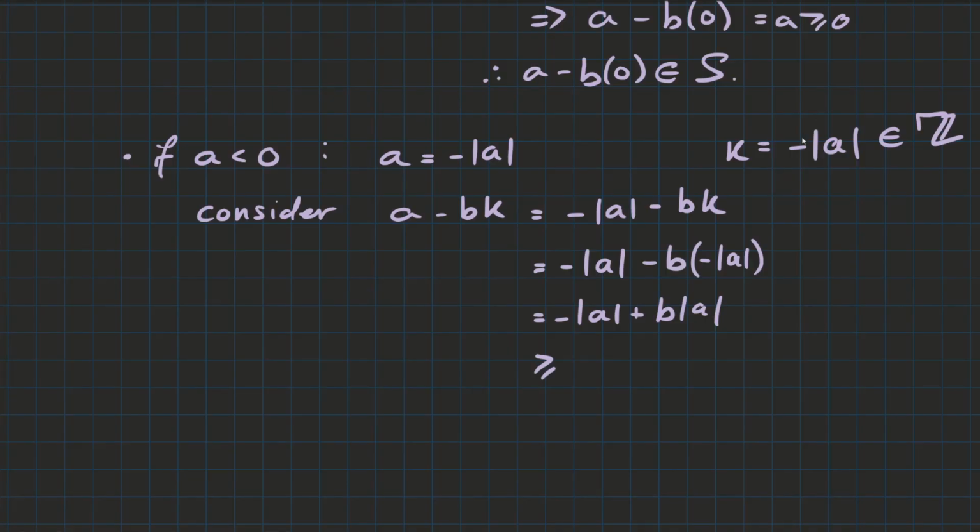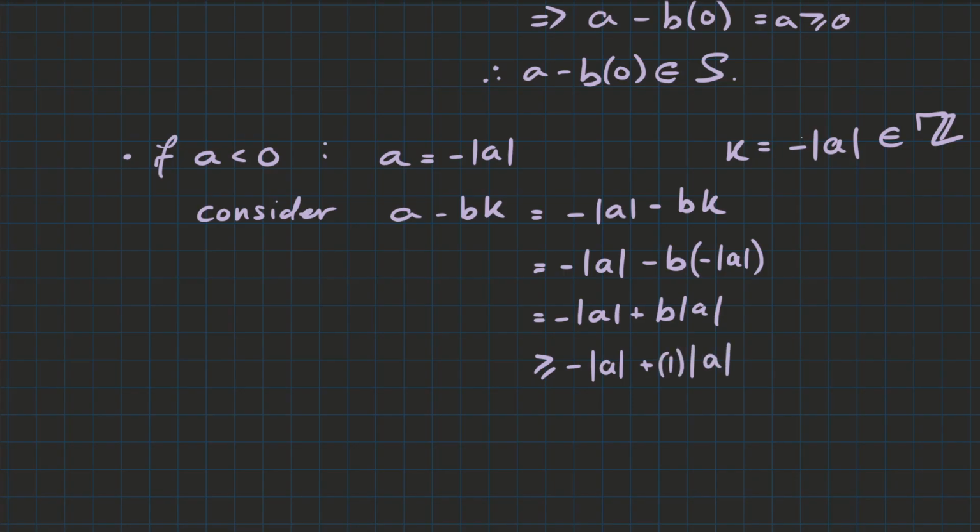So my claim now is that this is actually going to be bigger than this. So what I'm really saying is I'm kind of setting B to 1 there, right? I'm kind of setting B to 1.